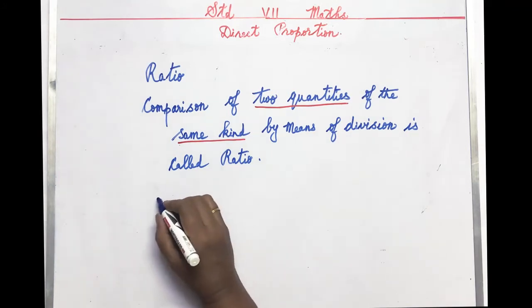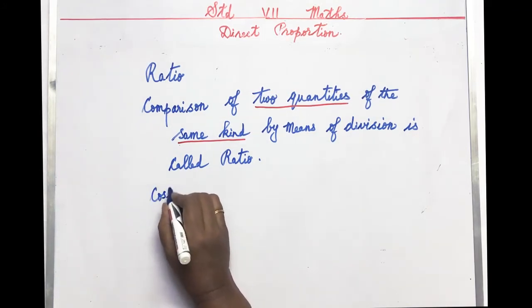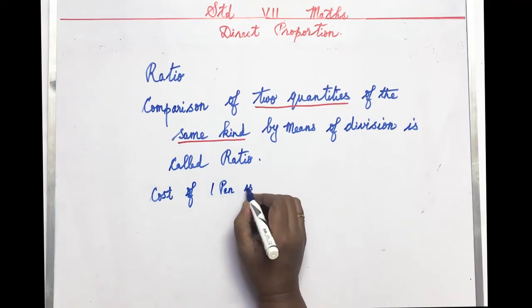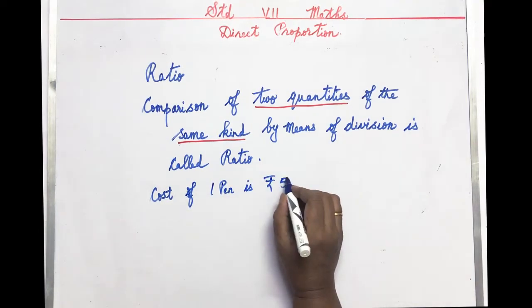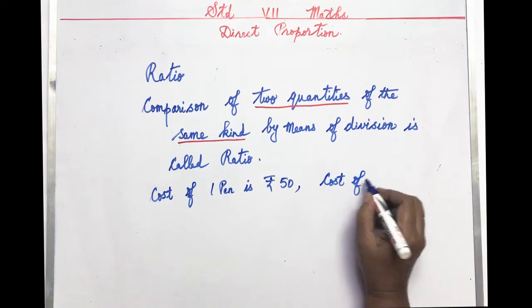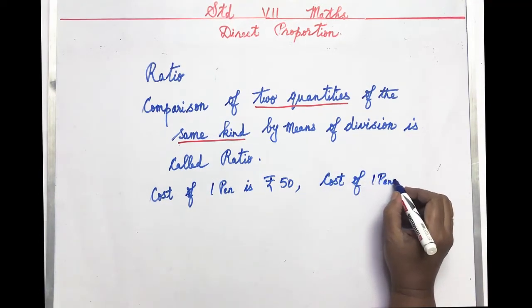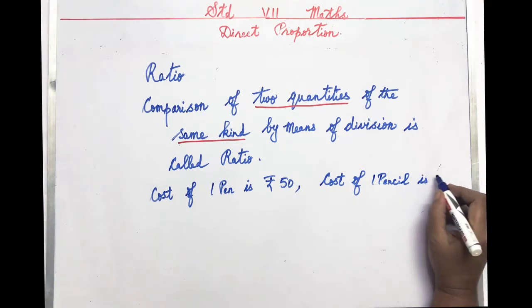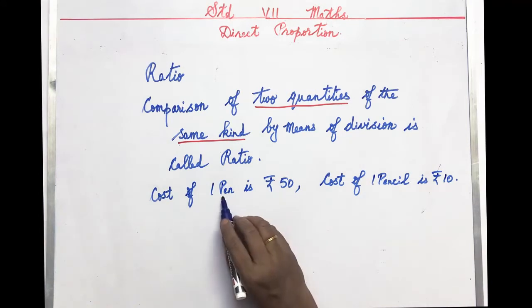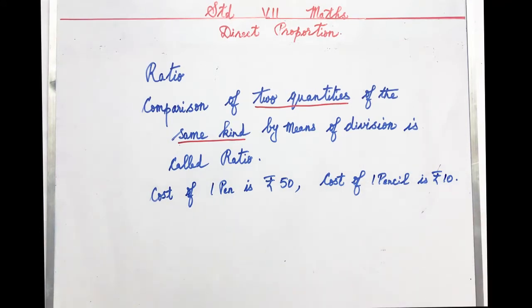Let's see through example. So cost of one pen is rupees 50 and cost of one pencil is rupees 10. Now here cost of pen and cost of pencil are both given in rupees.